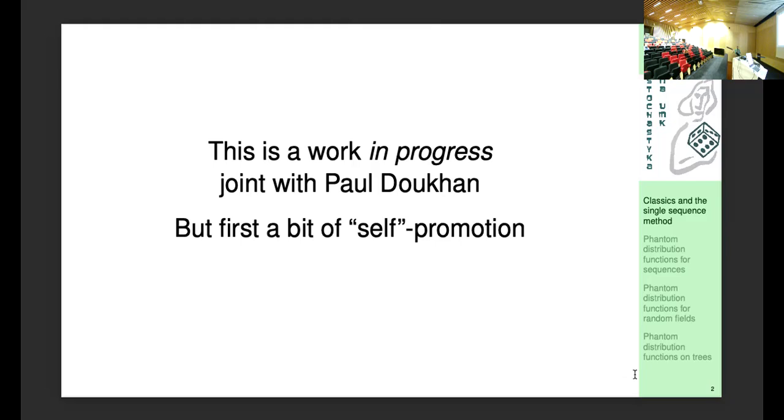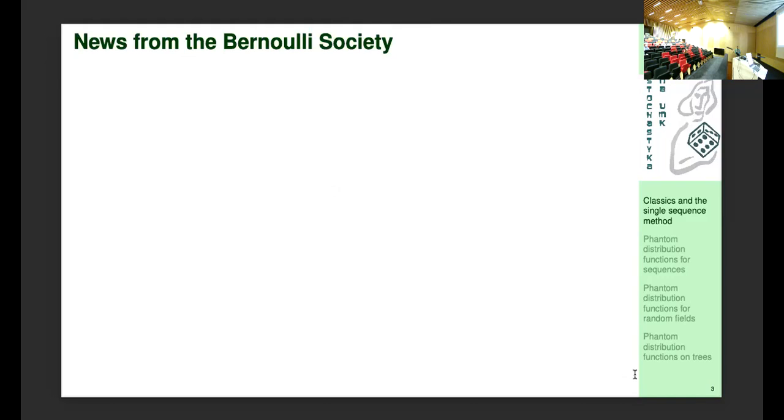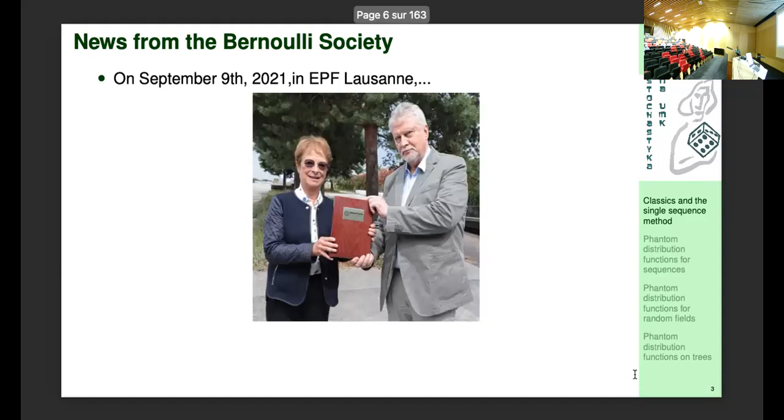This promotion is related to my function in Bernoulli Society. Some days ago, before coming here, I was in Lausanne, and in Lausanne, I got a Bernoulli book. This is the symbol of presidency of Bernoulli Society. So we met.